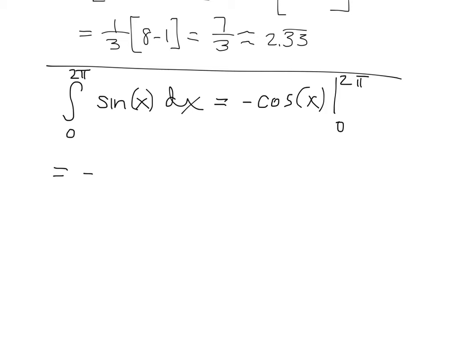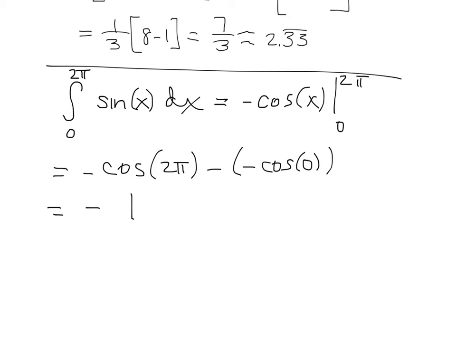So I plug in negative cosine of 2 pi minus negative cosine of 0, and the cosine of 2 pi is 1, and a negative of course gives me a positive, and the cosine of 0 is 1.